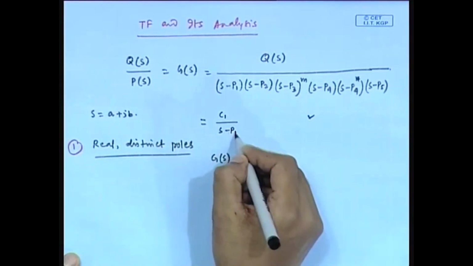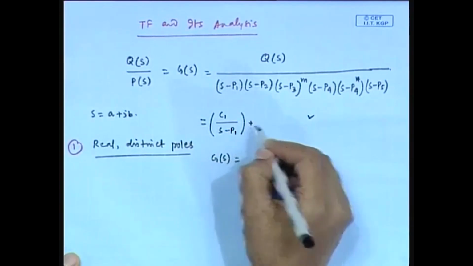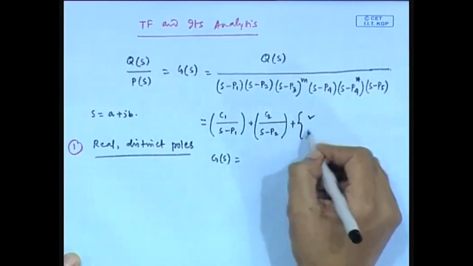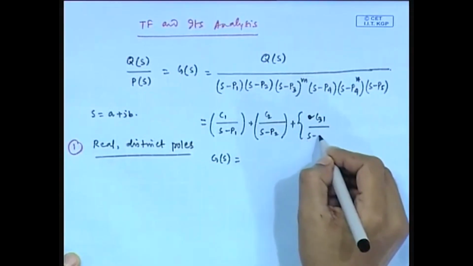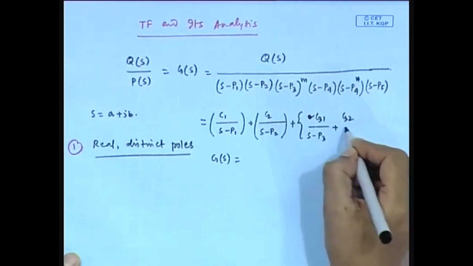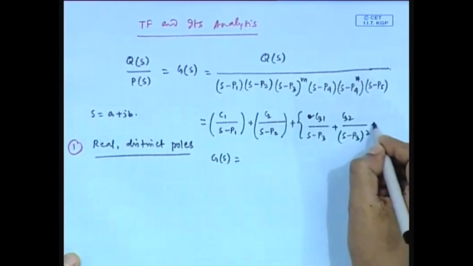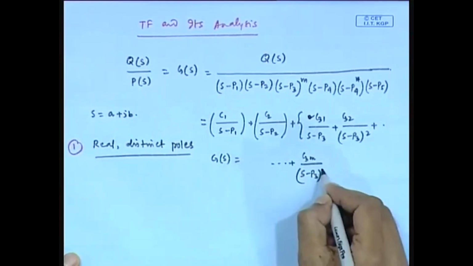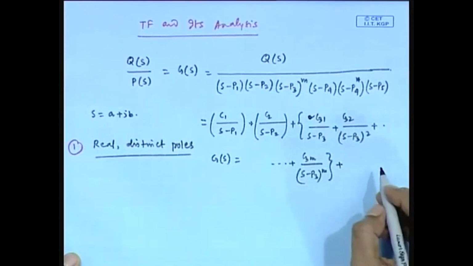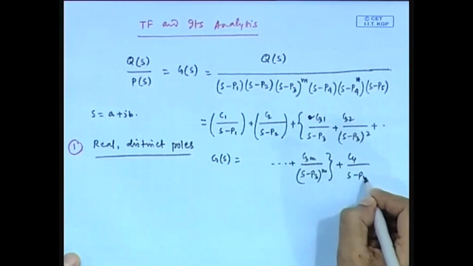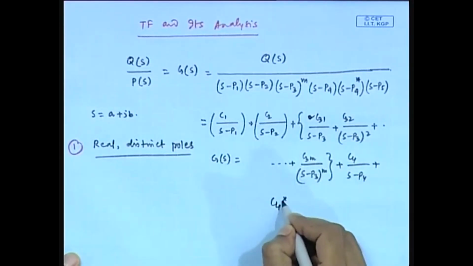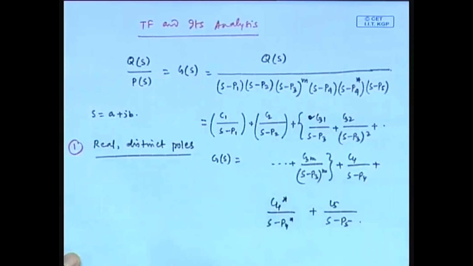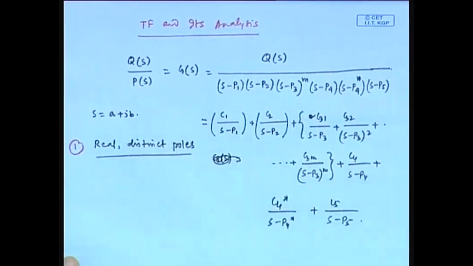So, C_1 over (s minus p_1), plus C_2 over (s minus p_2), plus C_31 over (s minus p_3), plus C_32 over (s minus p_3) whole square, like this way, C_3m over (s minus p_3) whole to the power m, plus C_4 over (s minus p_4), plus C_4 star over (s minus p_4 star), plus C_5 divided by (s minus p_5). Fine.